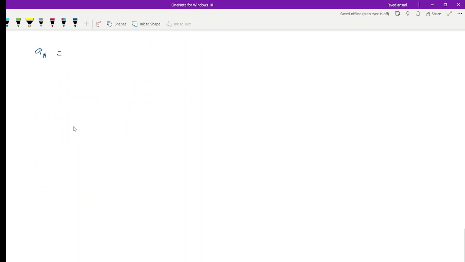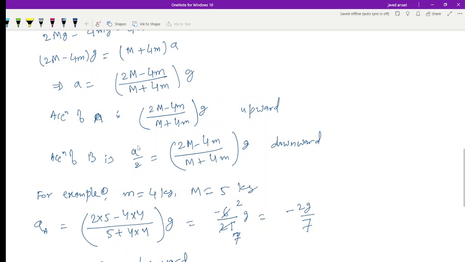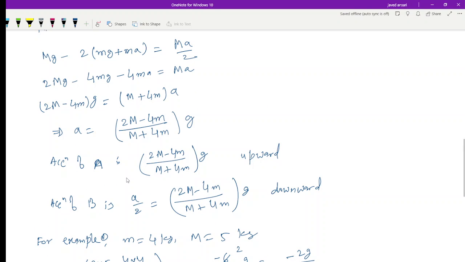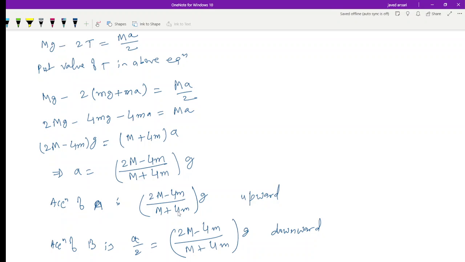Acceleration of A is what we found: a equal to (2M minus 4m) by (M plus 4m) times g. That's correct.